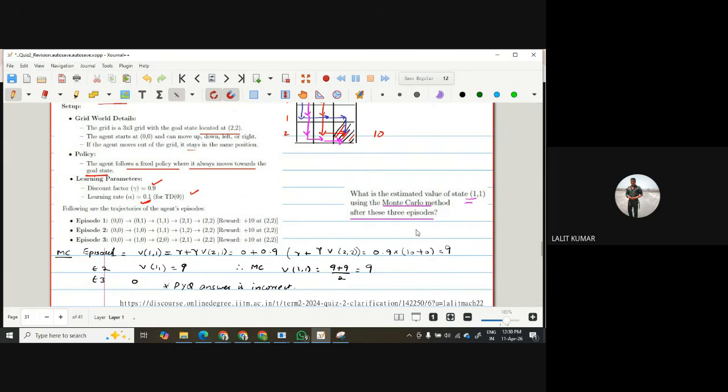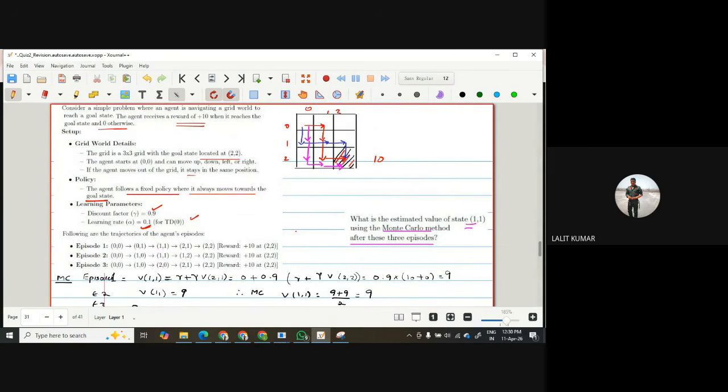So for Monte Carlo, we have to find the estimated value of 1,1. 1,1 is only in the first episode and in the second episode. So for finding the value of 1,1, it is equal to the reward for moving to 2,1, which is 0, plus gamma, which is 0.9, into the value of 2,1.